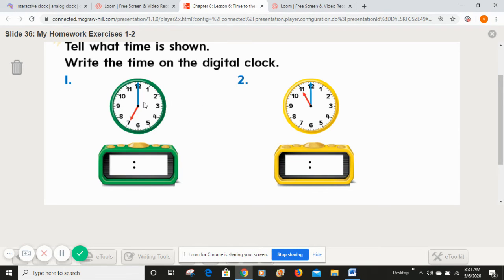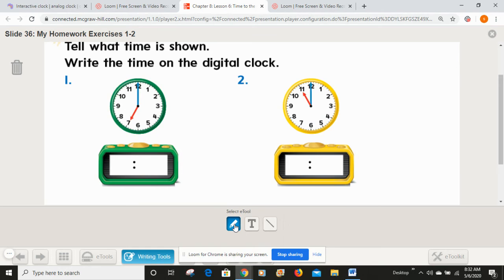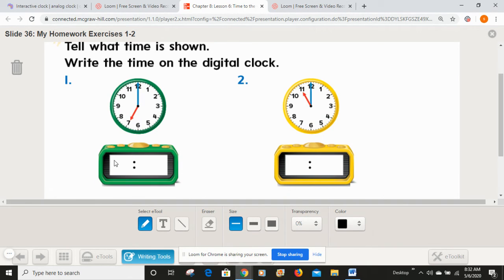Here's my analog clock. My long hand is pointing towards the 12. My short hand is pointing towards the 7. It's pointing to 7 o'clock.